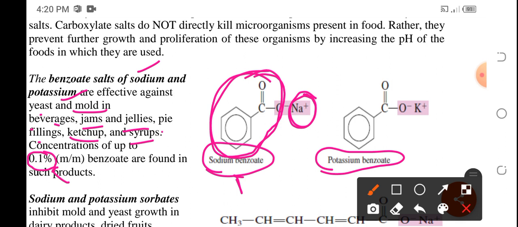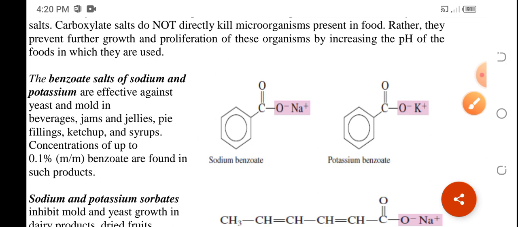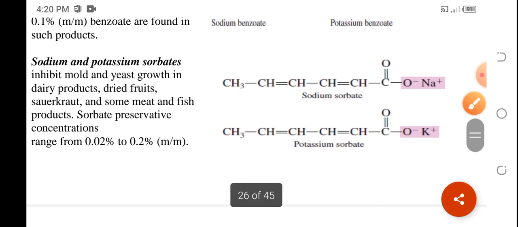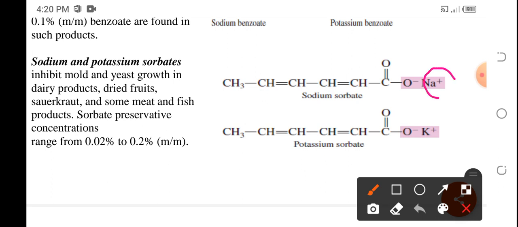So we have potassium benzoate. This is the potassium, and this is the benzoate part. This carboxylic acid salt came from potassium hydroxide and benzoic acid. Another example would be sodium and potassium sorbates. So this is the sodium sorbate and the potassium sorbate.